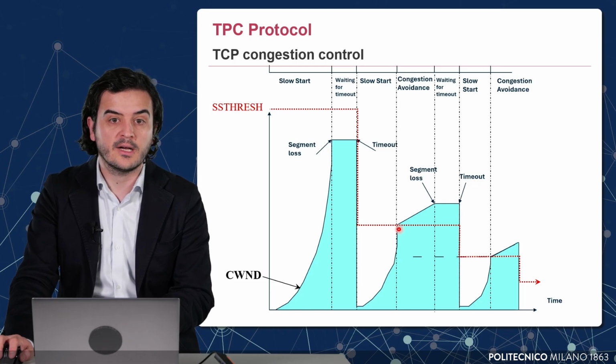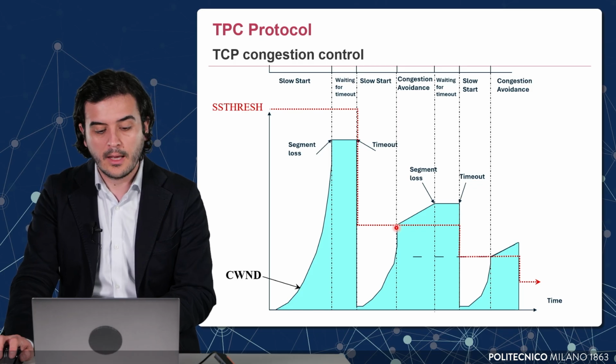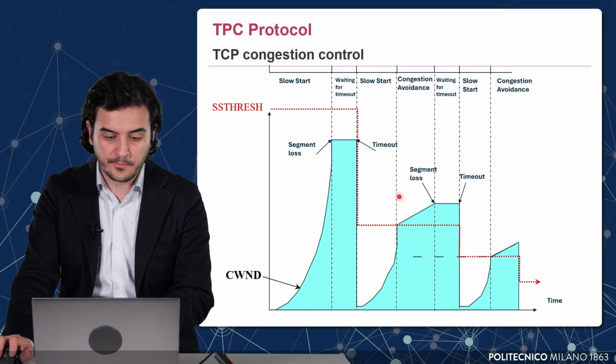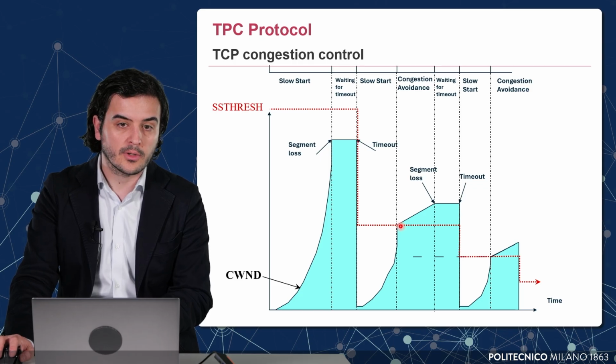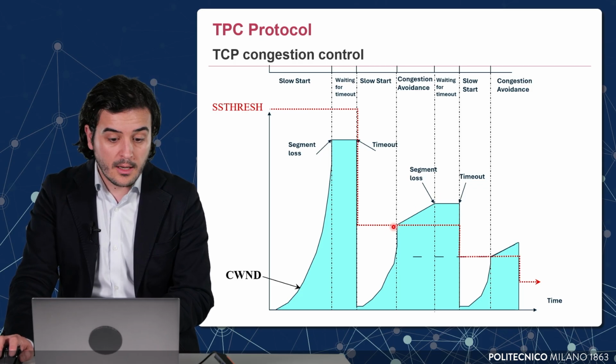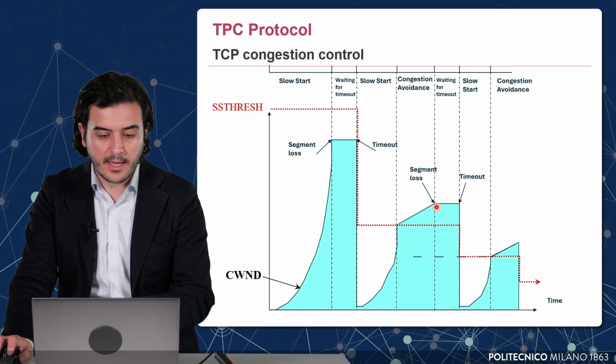At this point, the value of the congestion window and the SS threshold is equal. Hence, we enter a congestion avoidance phase, and the increment of the congestion window now will be linear, as we have previously defined.